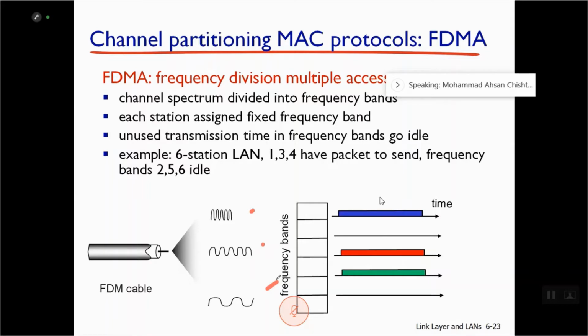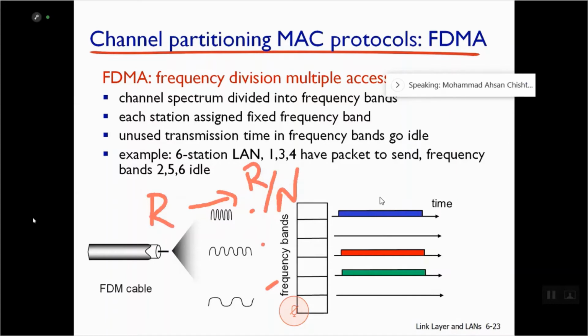Now we have this channel which was divided into 6 frequency bands. So FDM would divide R, if R is the carrying capacity, into different frequencies, and each would have R by N bandwidth.